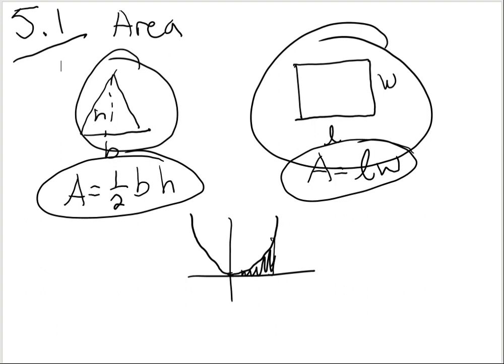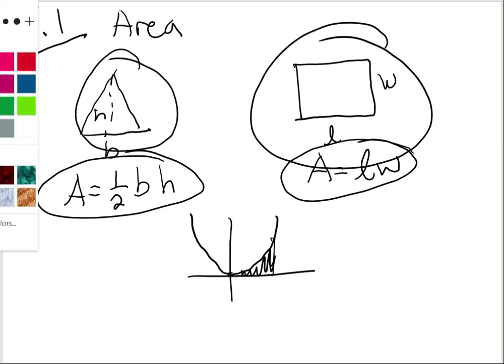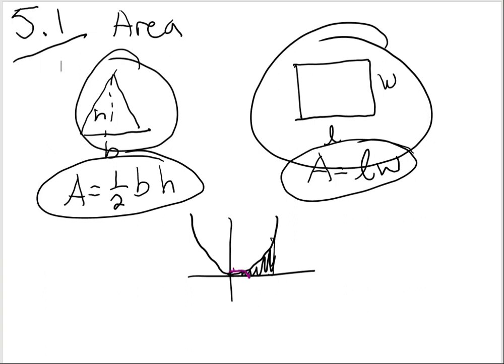Well, what we're going to do, and I'll draw this in a different color, draw in purple, is we're going to use rectangles because we know how to compute the area of a rectangle.